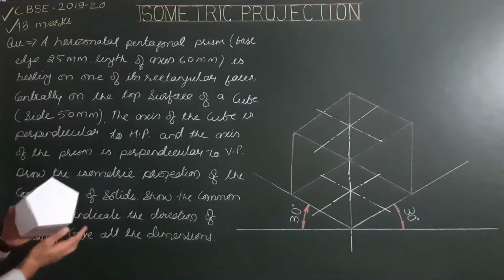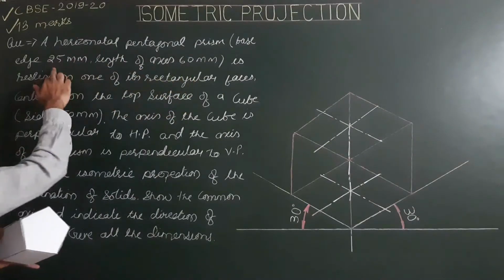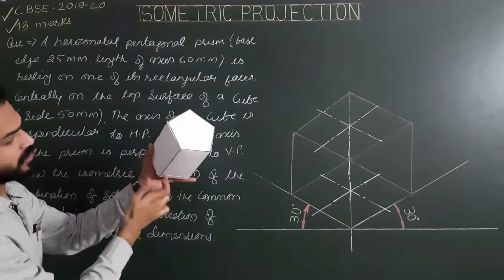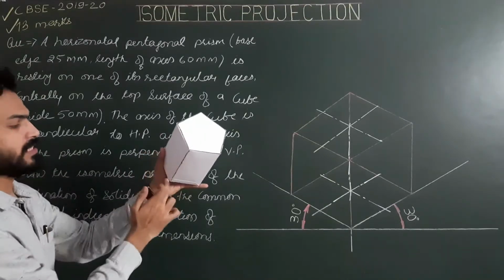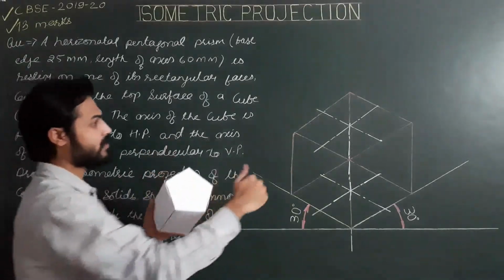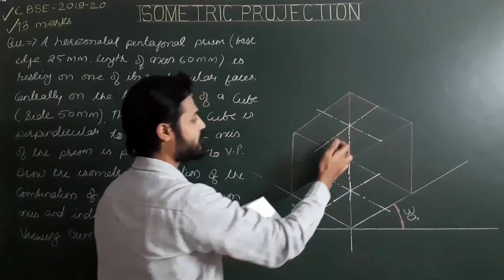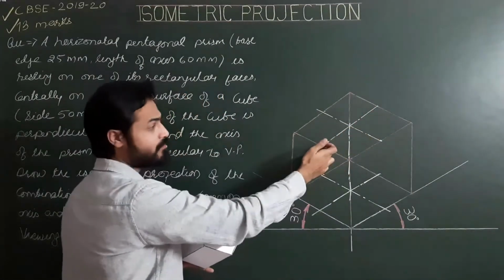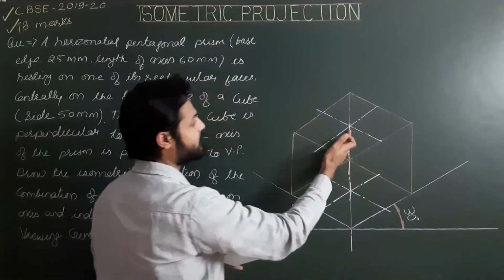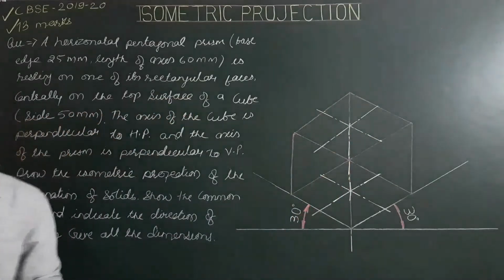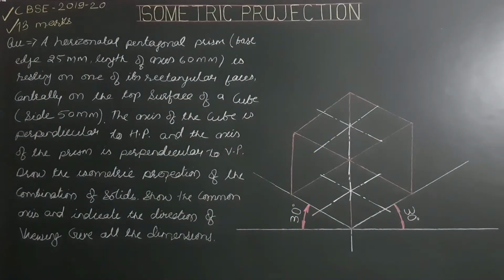The rectangular face is of size 60 by 25, 25 the side and 60. So this rectangle of size 60 by 25 is to be placed here centrally. So from the center we have to mark half of 25, and here we have to mark half of 60. Then we'll get all 4 ends of the rectangle.